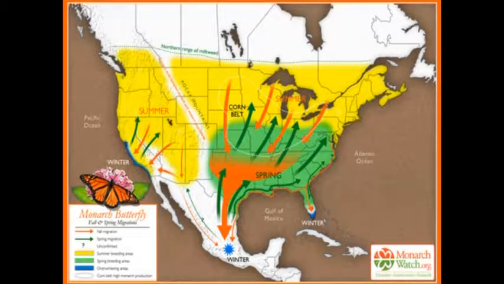And so then that generation does the same process, and they move up a little farther north, live 6 to 8 weeks, and they die. And the next generation lives 6 to 8 weeks, and now they've laid their eggs up in southern Canada and the northern part of the United States. They're now 1,500 to 2,000 miles or so from where these forests exist in southern Mexico.